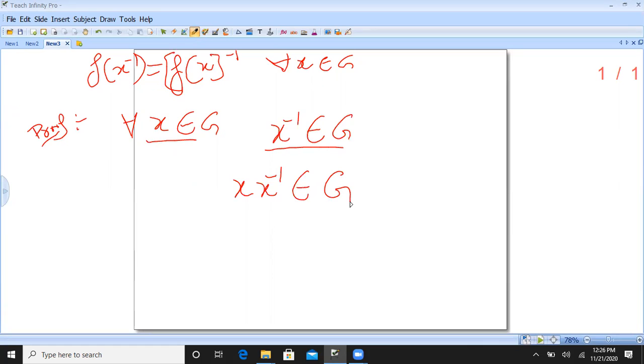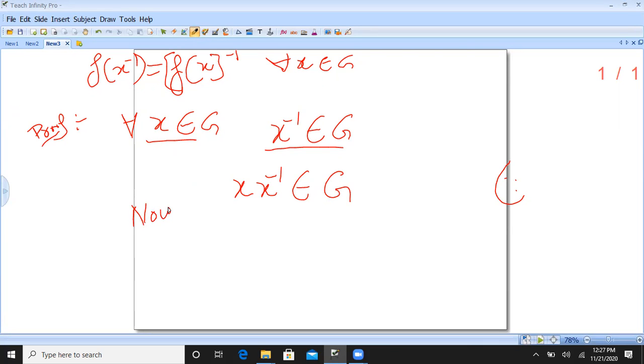You can say by the closure axioms or by the associative property, you can use either one. In the textbook, only the closure axioms are given. So you can use the closure property or the associative property.